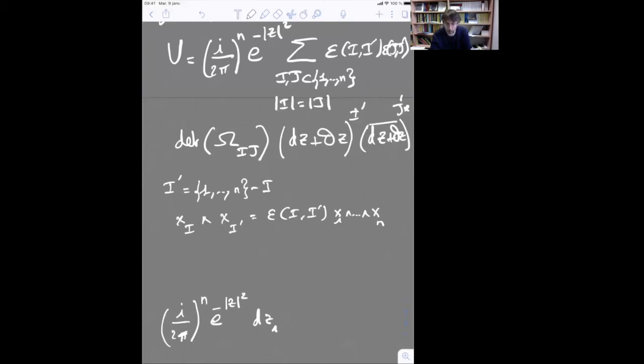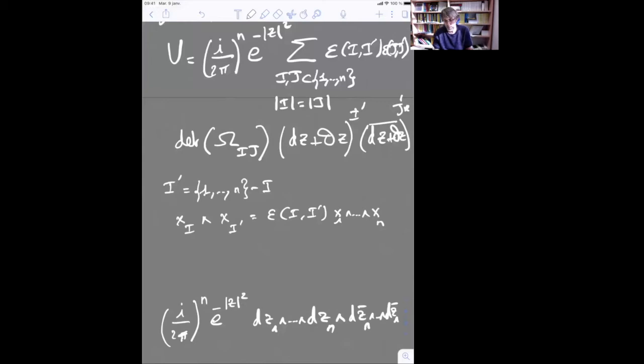So you have I prime equal to 1 to n. The first term is dz1 up to dzn. And then the second term, you bar everything and you go the other way around, because I said that it's g prime star. So I go from dzn star bar down to dz1 bar. And so this is just the volume form in the fiber multiplied by the Gaussian.